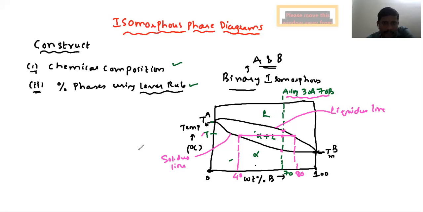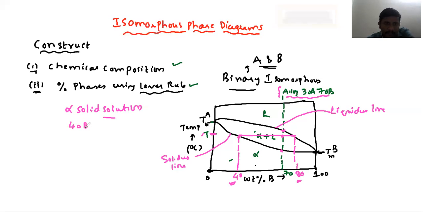So we are at a stage to find the chemical composition of the components in different phases. This point indicates the solidus line. So in the alpha solid solution, which is formed at this temperature for this alloy, we have 40 weight percentage of B and the remaining 60% of A. At this temperature, we got two phases, alpha phase and liquid phase.